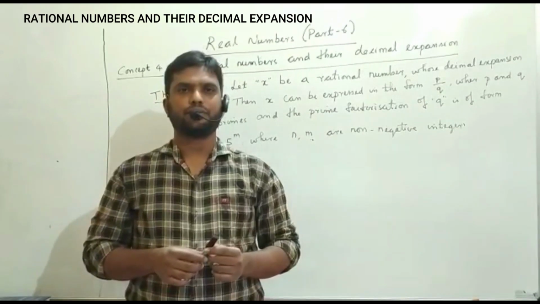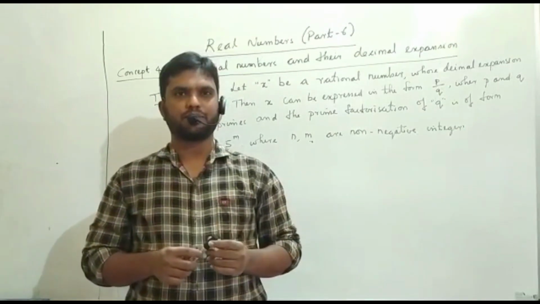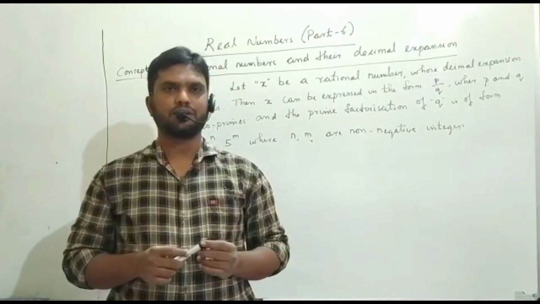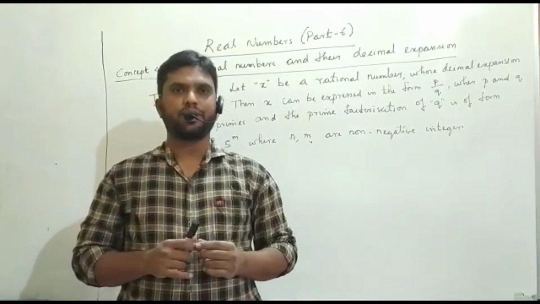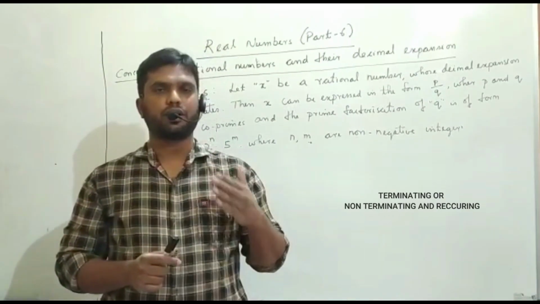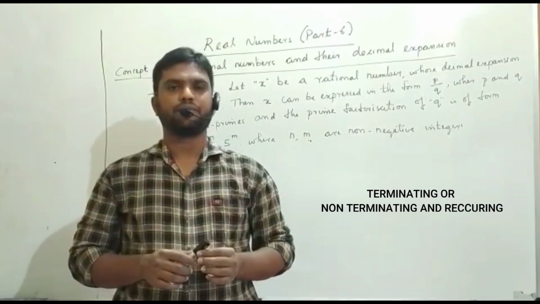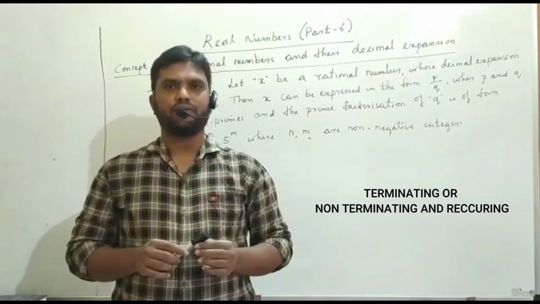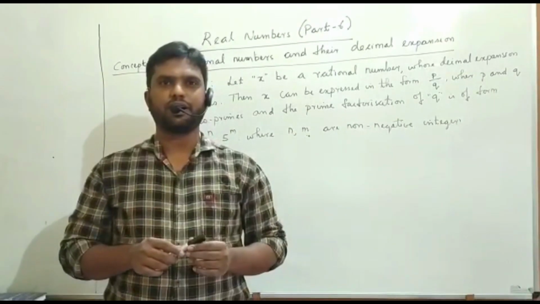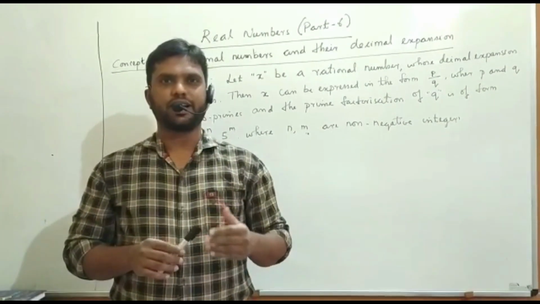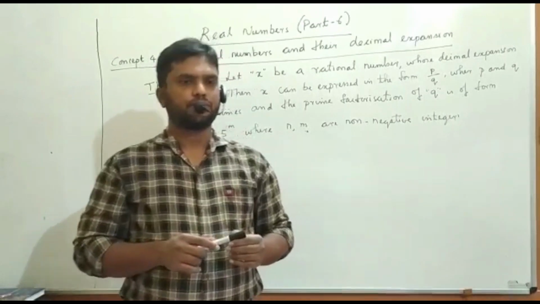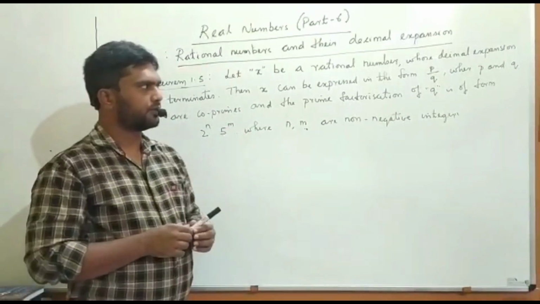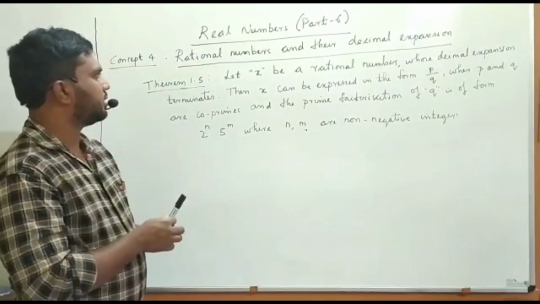You know, there are two types of decimal expansion for rational numbers. Either it can be terminating or it can be non-terminating and recurring. You can find whether it is terminating or non-terminating without actually dividing. So, there is a theorem, you can see the statement of that.